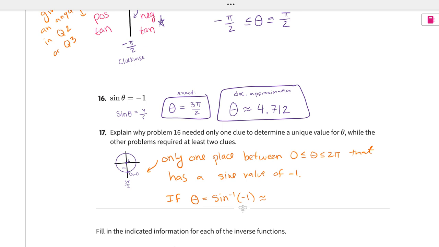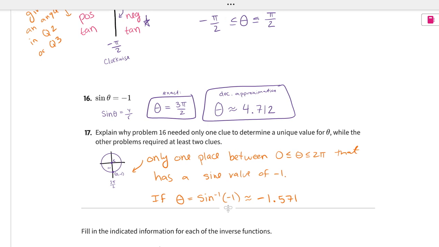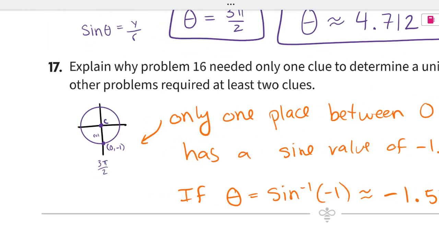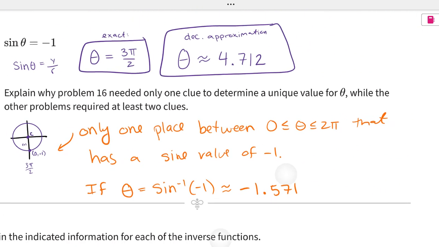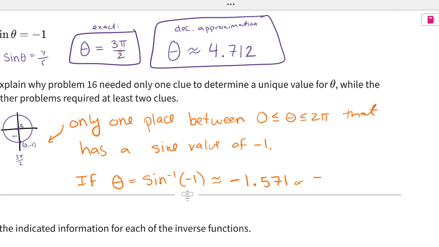Because remember, it always gives us the number closest to 0 possible. So if we had done sine inverse of -1, it actually would have given us -1.571, or, right, negative pi over 2.